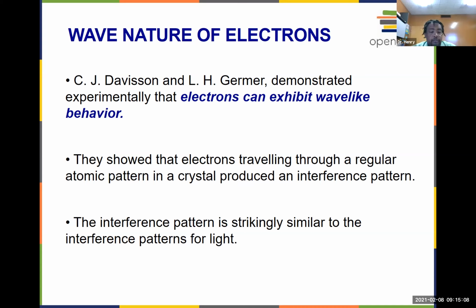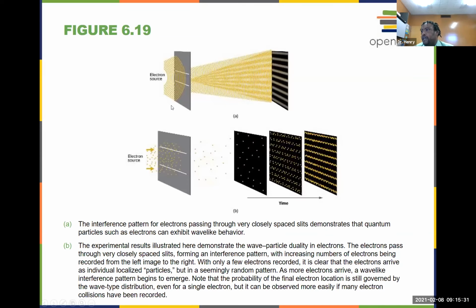So we don't want electrons popping off everywhere, going in every direction. So they continued to do a lot more experiments to try to understand how electrons are moving in an atom, and is it really the way it functions? Because a lot of people were skeptics. And so these were some of the experiments that have been done.